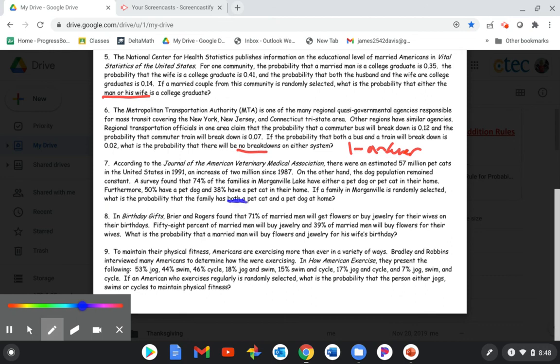So this one is a both, like the last problem in the notes. And then, what is the probability the married man will buy flowers? This is the both again, like the last problem. And then number 9, when you try to figure that one out on your own, it just has basically multiples. I think it's 3 it asks you about. So try to figure that one out on your own.